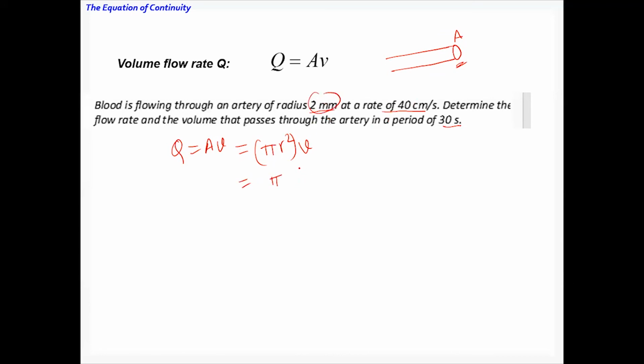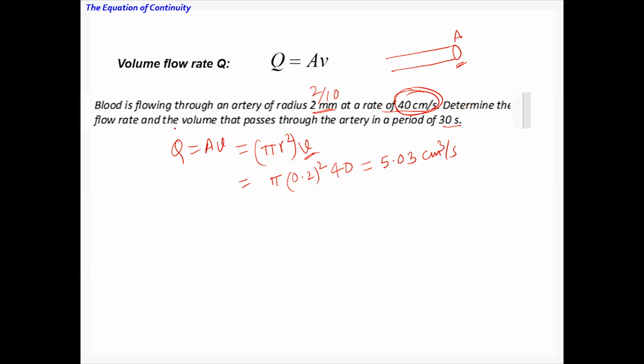We have to change that into centimeter, so 2 over 10, which is 0.2, squared. Then what is V? 40. If you do that, you will get 5.03 cm cubed per second. Okay, part one is done.